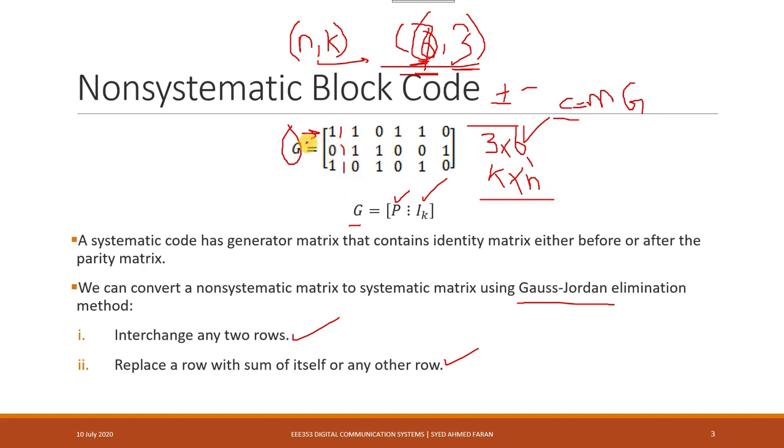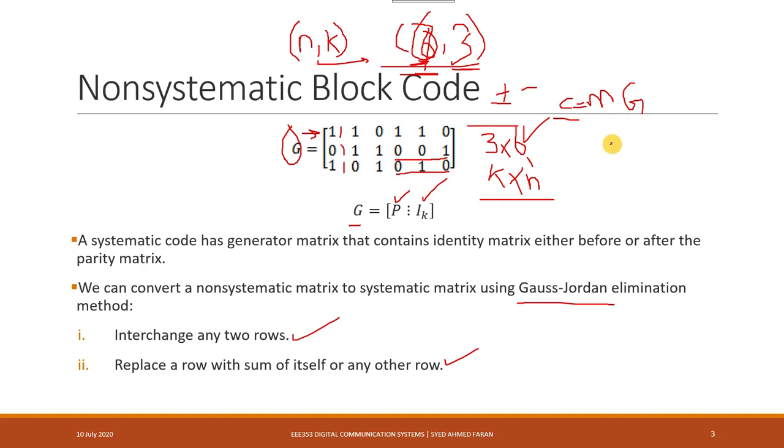So let's try to make this generator matrix a systematic generator matrix. If you can see some kind of hint of identity, then we can go ahead and make this an identity matrix. I would like to make one observation. If you notice this generator matrix, you see 0 0 1 over here and 0 1 0 over here.